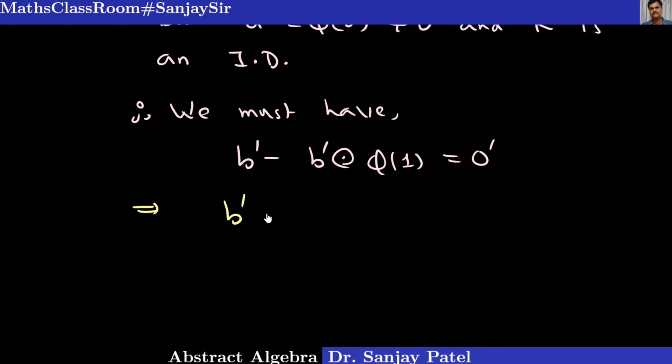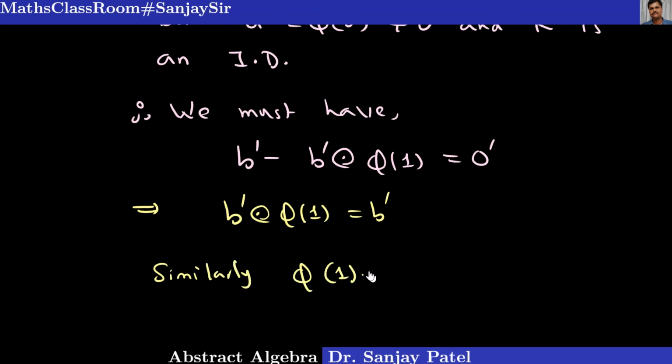b' into phi of 1 is equal to b', taking it on this side. And similarly we can show that phi of 1 into b' is also b'; rather there is no need to prove it also, because dot circle is a commutative operation since R' is an integral domain.